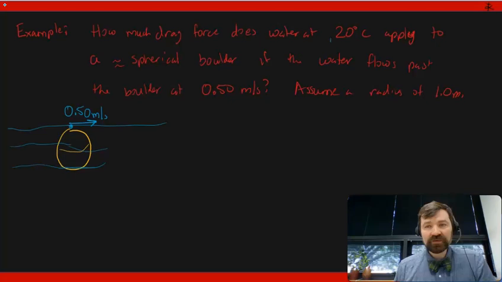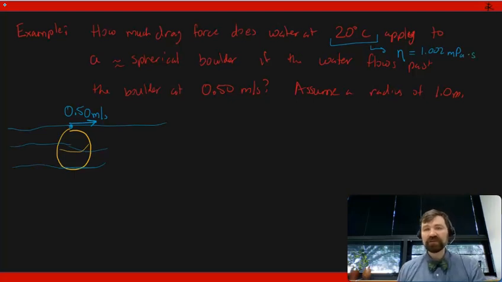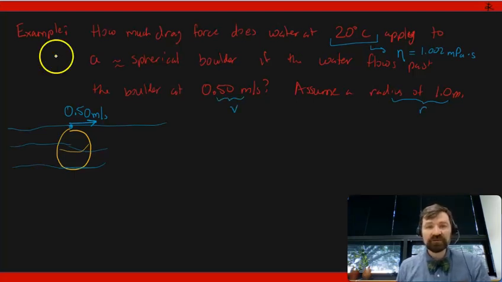The water is at 20 degrees C. What this tells us is that the coefficient of viscosity is 1.002 millipascal second. You can look that up from a table. This right here gives us the radius. This right here is the flow speed.